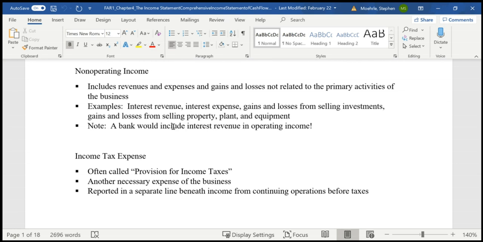This is reported in a separate line beneath income from continuing operations before taxes. That's yet another subtotal. We'll see an example of this very shortly.